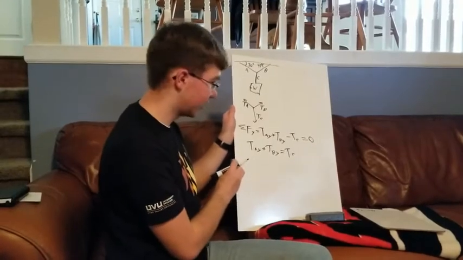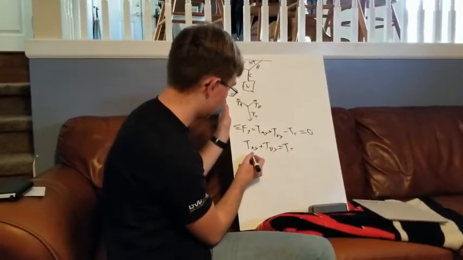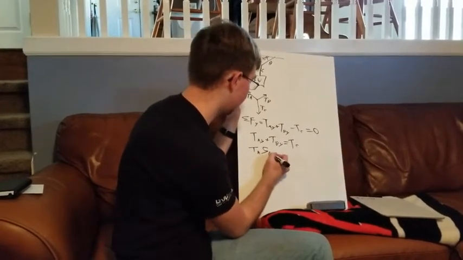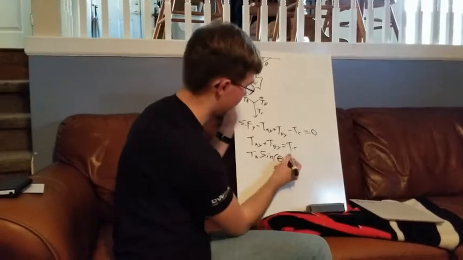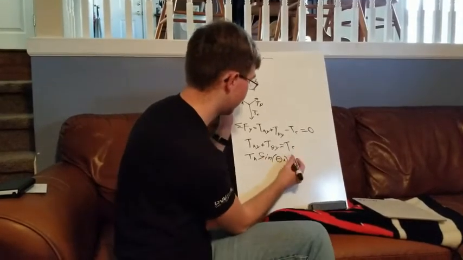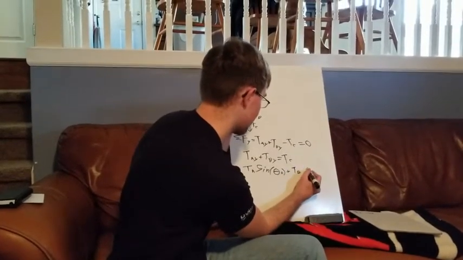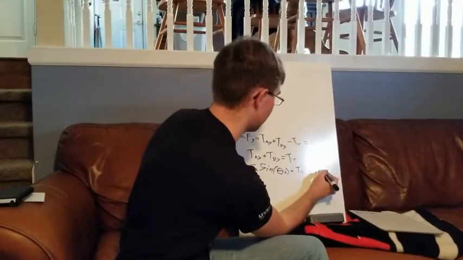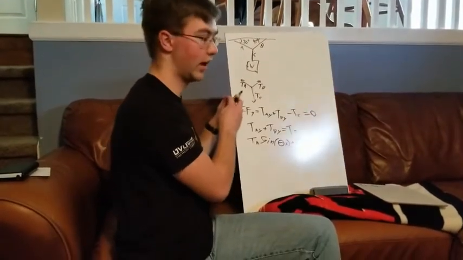Now to find the tension of A in the y direction and the tension of B in the y direction, I can use a bit of trigonometry, where I take the tension A times the sine of this angle here. I'm going to call that theta A. I do the same for tension B, so plus tension B sine of this angle, theta B, or 45 degrees, with theta A being 30 degrees.